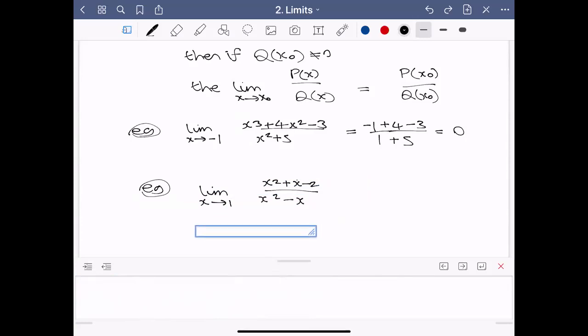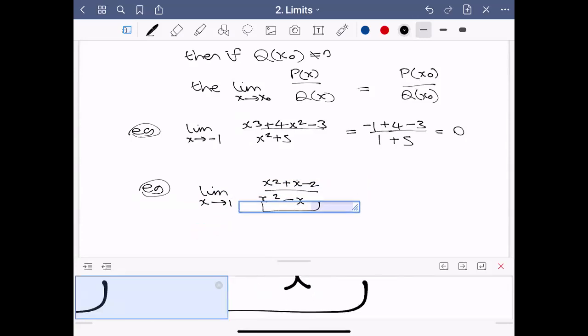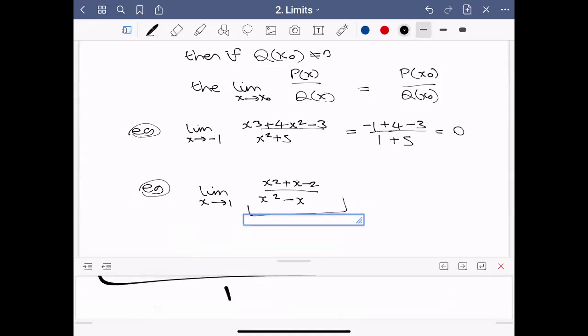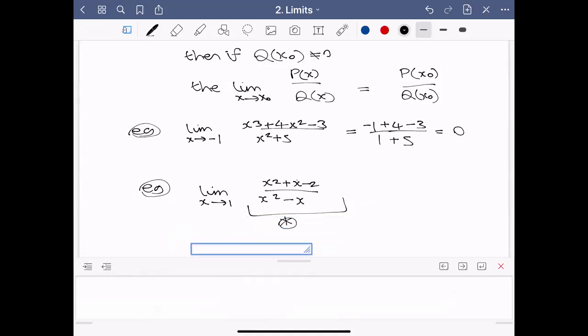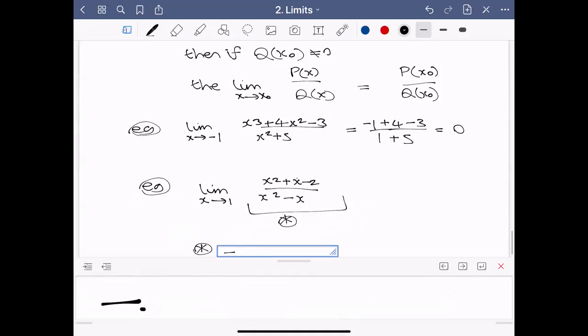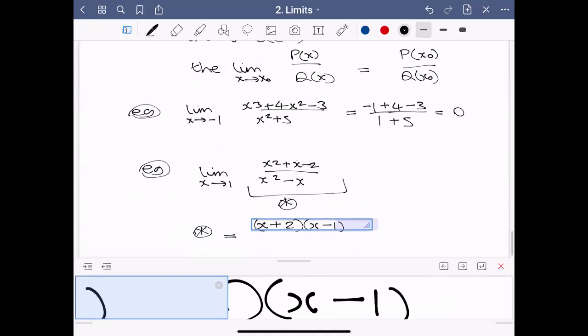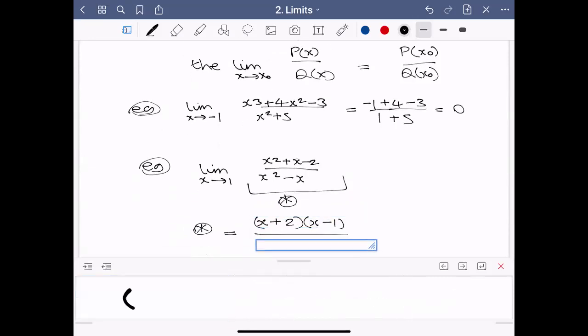So, this star, if I factorize, I get this.